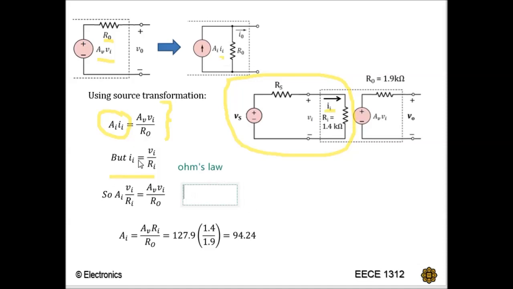Alright, so I just replace this into I in over there. You can see here, and eventually you will be able to cancel VI, and you are left with AI equivalent to AV Ri over R0.